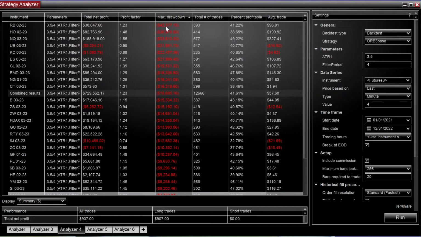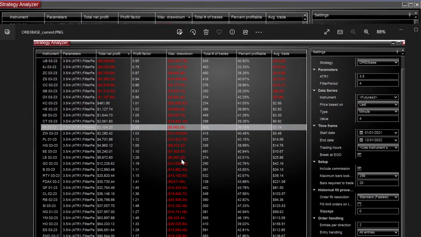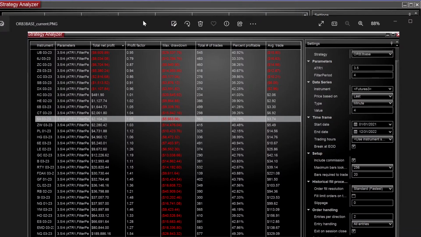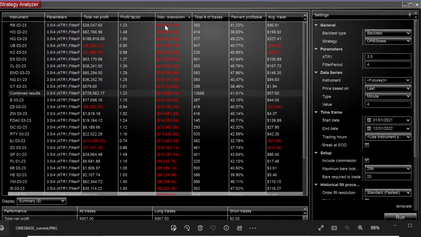So RB is now 42,000. Oh, I made a mistake. Before, our biggest drawdown was RB as well, and it was 45,000. So our biggest drawdown overall decreased.